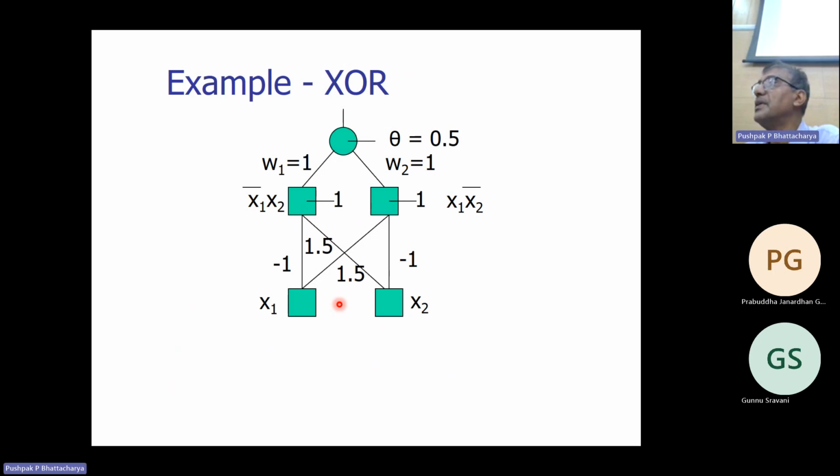Why is it called a feedforward network? There is no backward flow of information. There is no backward actual signal flowing. And why is it complete? In any layer, every neuron is connected to all neurons in the previous layer. Now, this is an architecture.